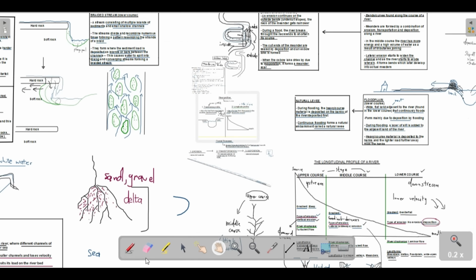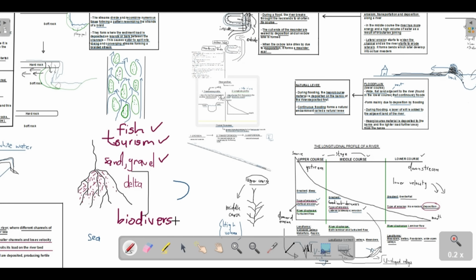You can also get tourists coming into these areas because they are aesthetically pleasing. These landforms also provide fish, and they also help increase the biodiversity. Some of them really help prevent flooding, such as the natural levees. They provide fertile land for farming. Your floodplain, it is flat.